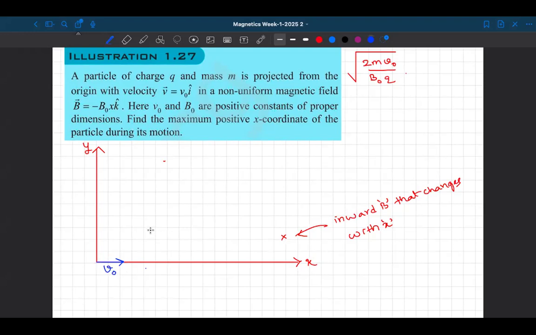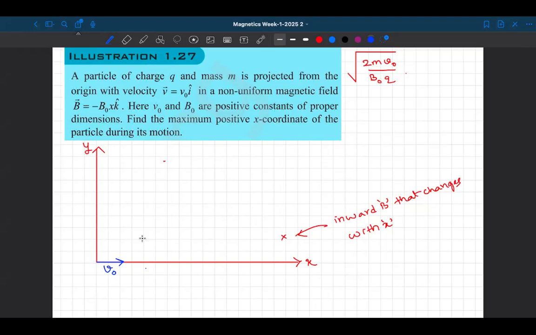If it were a uniform magnetic field, Fleming's left hand rule: pointing finger into the plane of the screen, central finger along the x-axis, thumb along the y-axis. It would have made a circular path, with the x-axis as the tangent of the circle and the center lying on the y-axis.